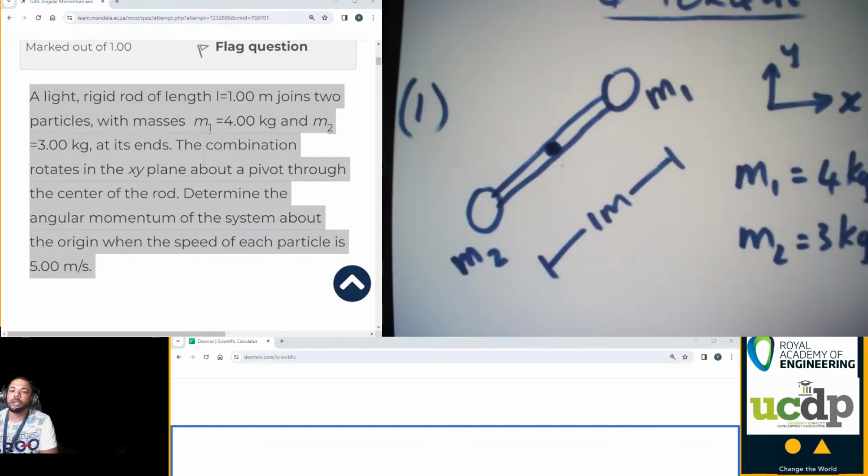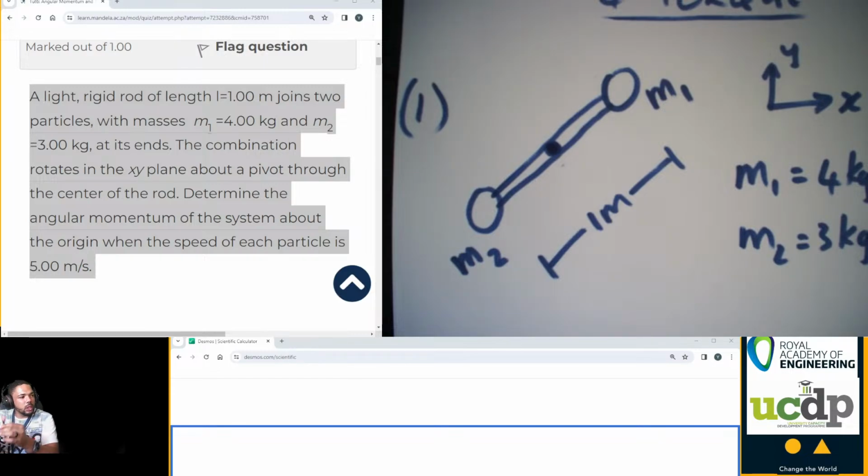Imagine a 1 meter long broomstick, and at the ends of the broomstick you've attached, by whatever method, two balloons filled with water, one of 4 kilograms and the other of 3 kilograms. Now you've drilled a hole right through the center and inserted a nail or a piece of iron.